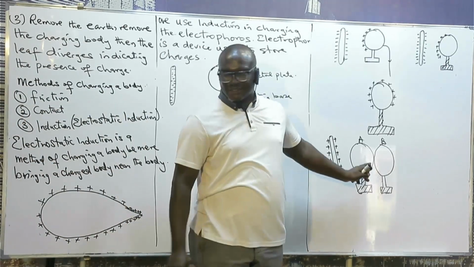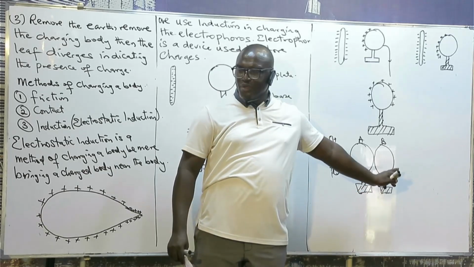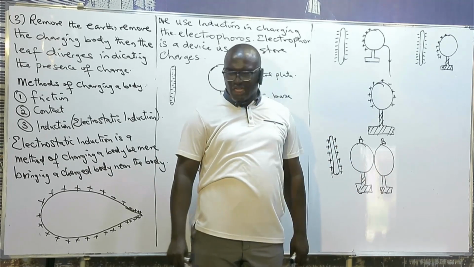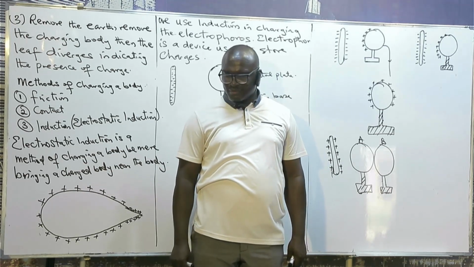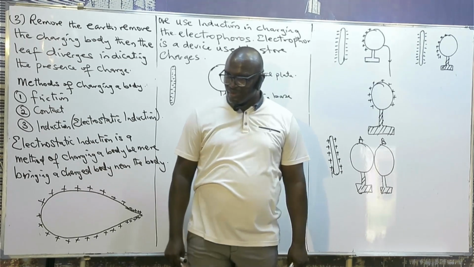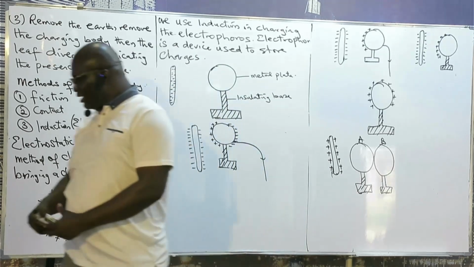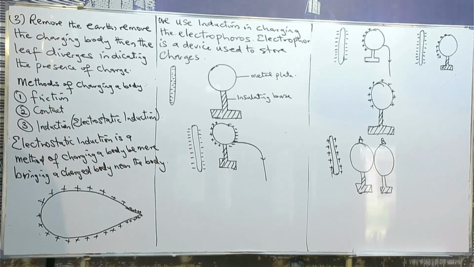A will be positive charge. B will be. Can you explain that? Please, this mic on. So that everybody will be hearing what you're saying.